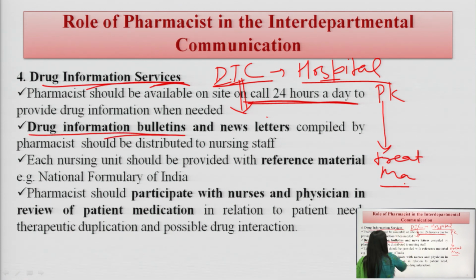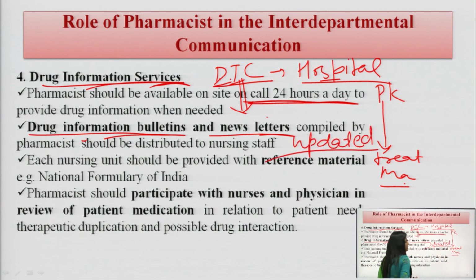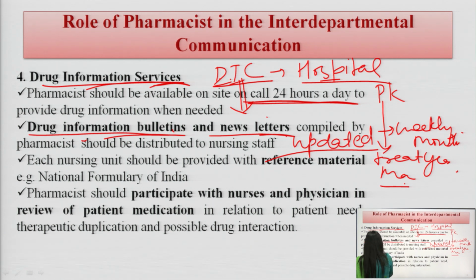Drug information bulletins and newsletters are also prepared by the pharmacist, and these contain updated information. Every new piece of information is written in the bulletins or newsletters, and they could be printed weekly, monthly, or yearly. Now each nursing unit should be provided with reference material.